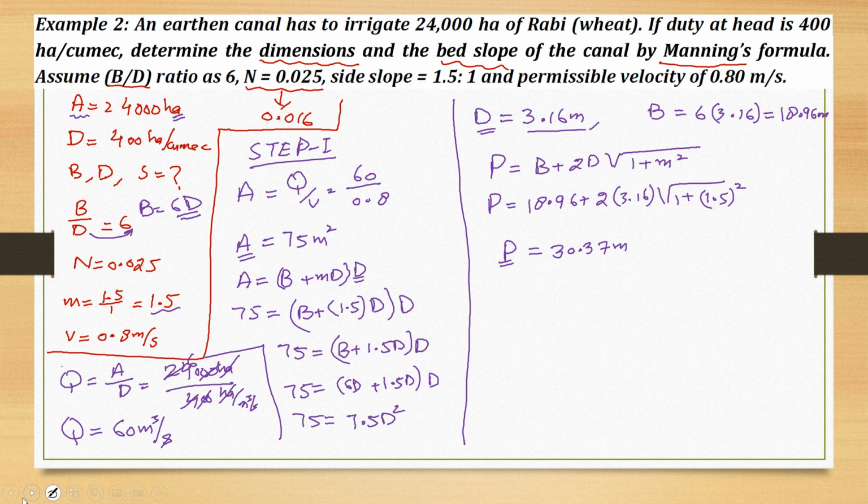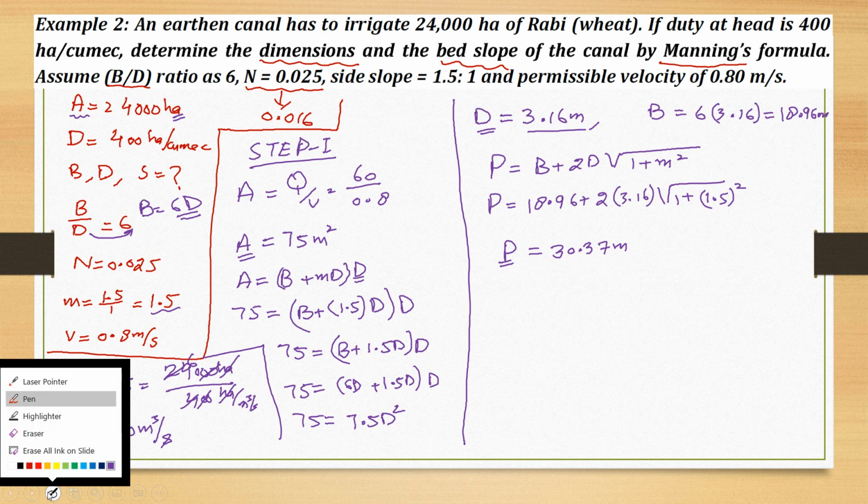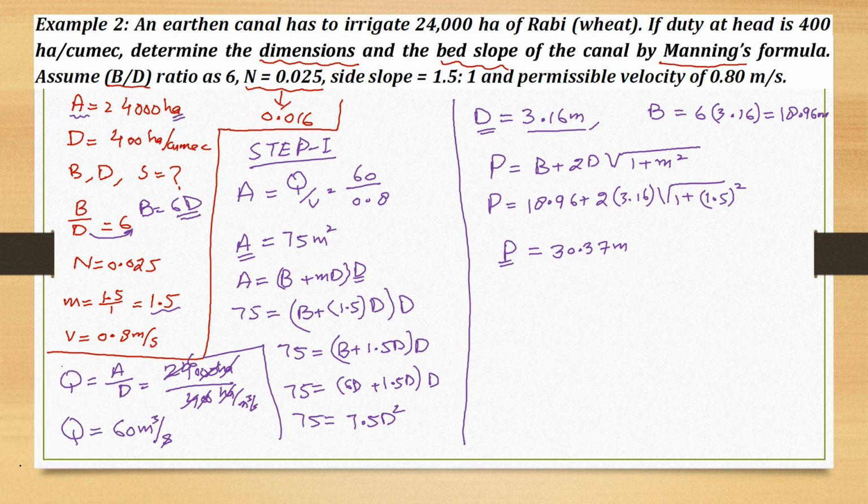Now we will determine the value of R, hydraulic radius. So what will be value of R? Simply R is equal to A by P. A is 75 and P is 30.37. So our hydraulic radius will be equal to 2.47 meters.